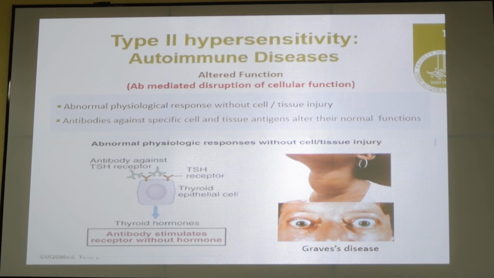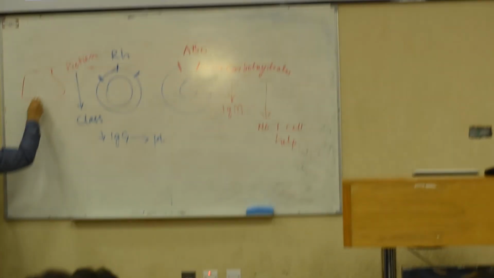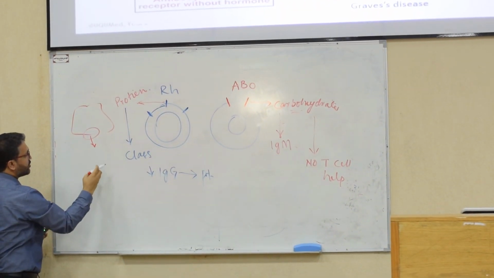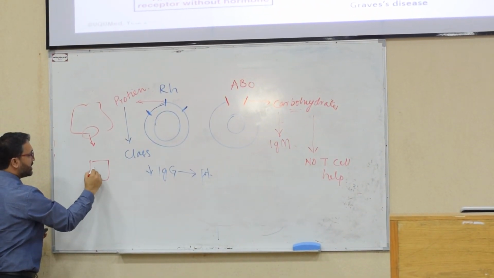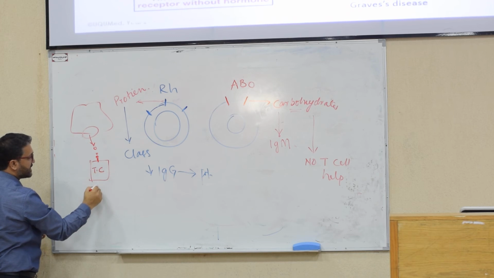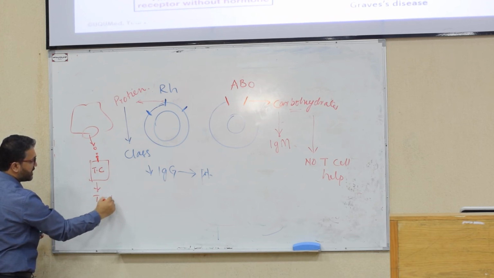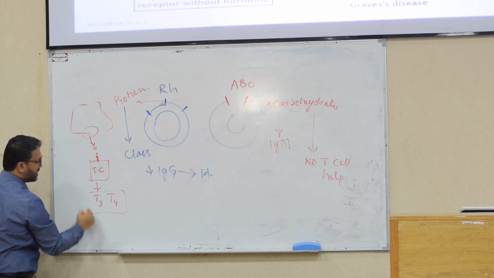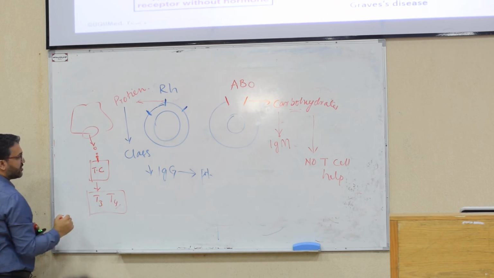So from the brain, in the pituitary gland, a hormone is released which will act normally on thyroid cells, which have a receptor for it. This hormone is going to activate the thyroid cells to produce T3 and T4, triiodothyronine and tetraiodothyronine.